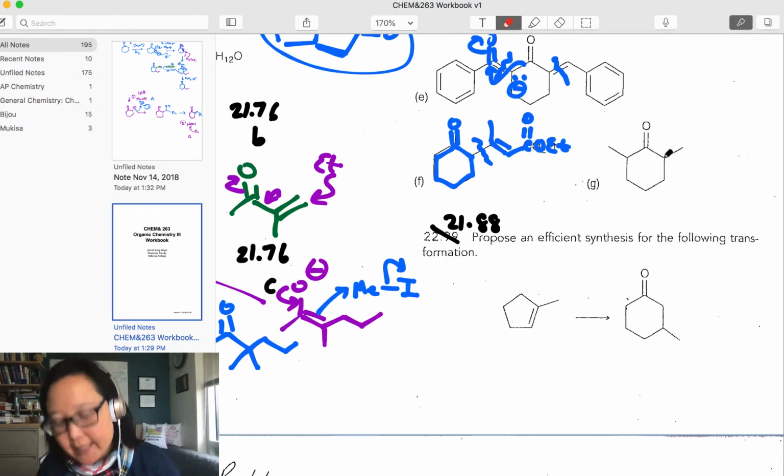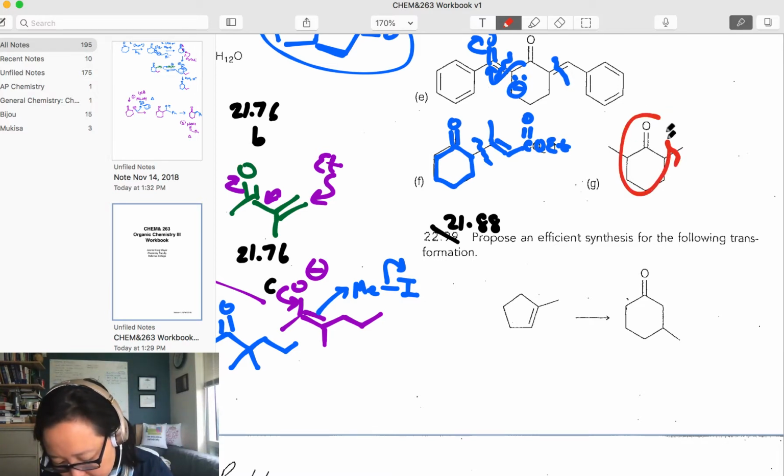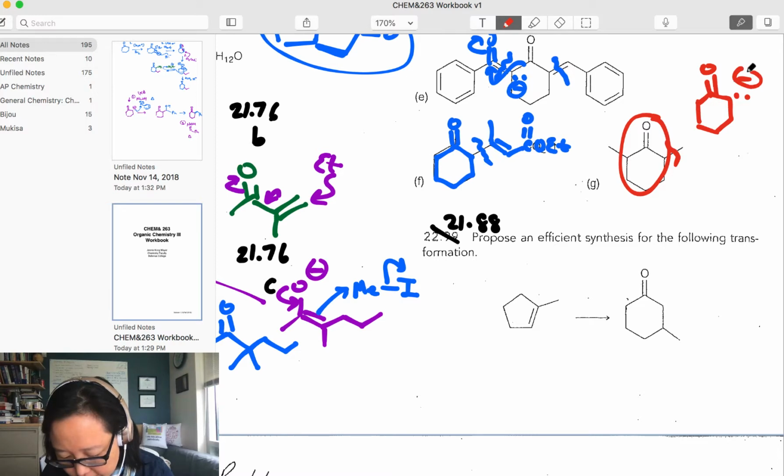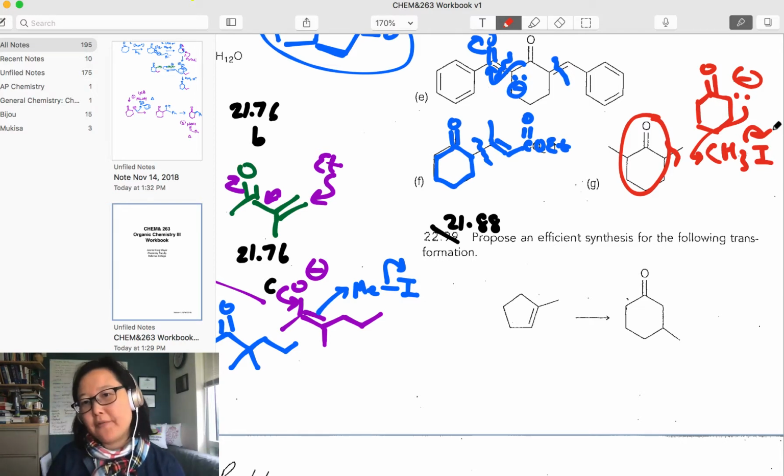And then our last one is pretty simple, just NaOH to get an enolate on either side of cyclohexanone. So we start with this, we do NaOH, we get this, and then we do methyl iodide or whatever halide you want to use, and we get that. And then on the second one, you have to be careful because you don't want it on the same carbon.